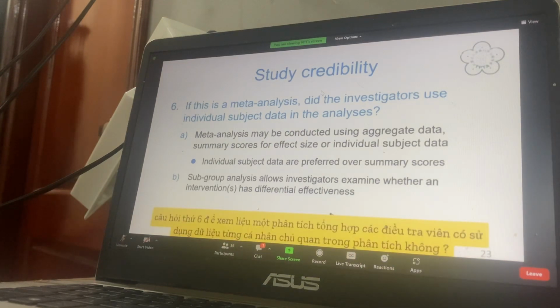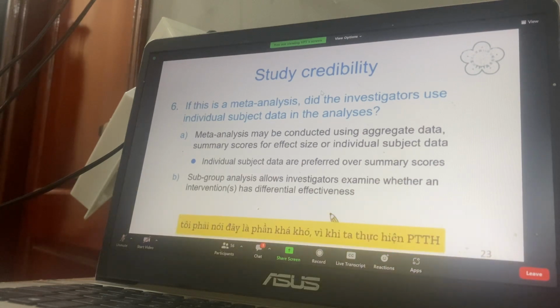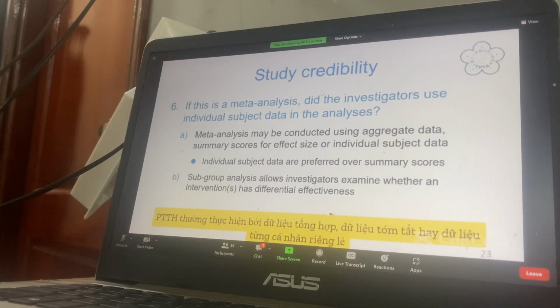Okay. The sixth question to look for is to see if this is a meta-analysis. Did the investigator use individual subject data in their analysis? This is the hard part, I have to say, because a meta-analysis is usually conducted using aggregated data or summary data or individual subject data.